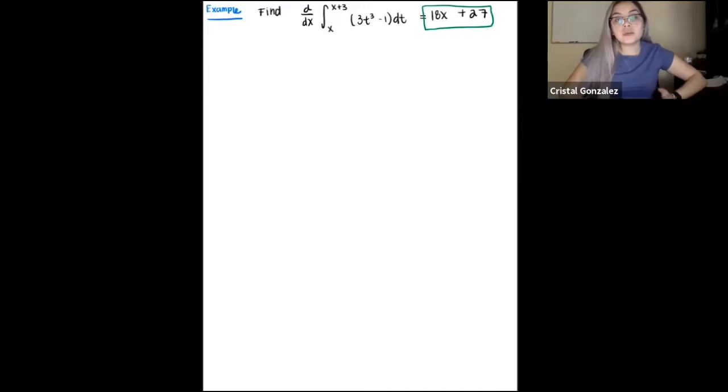But here we're going to try to apply the fundamental theorem of calculus, but we have a little bit of a scenario here because for the fundamental theorem of calculus to work, we need to go from a constant to a variable here. So the x plus 3 isn't really the issue.